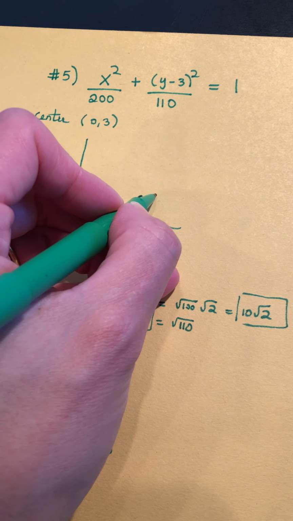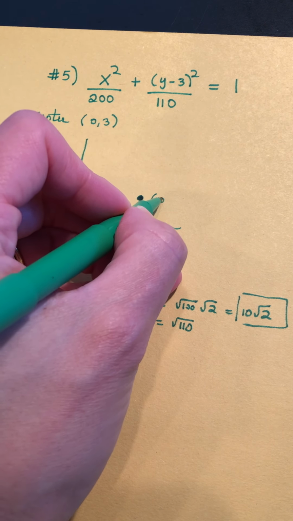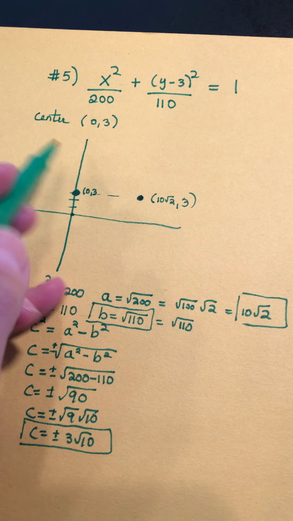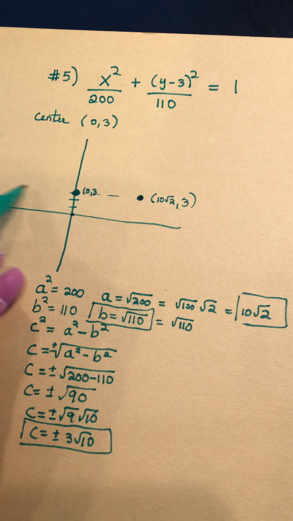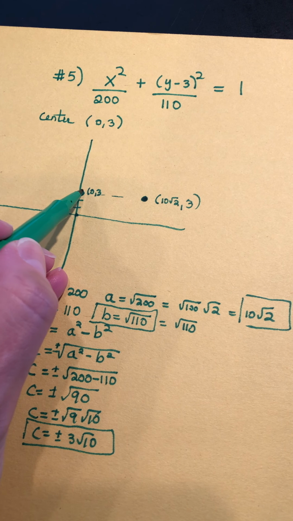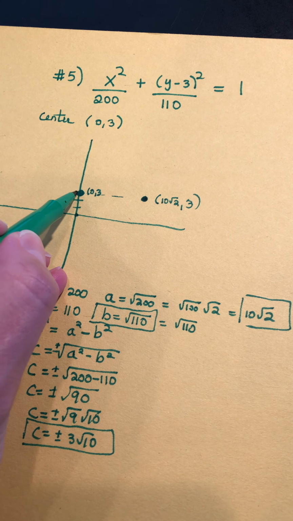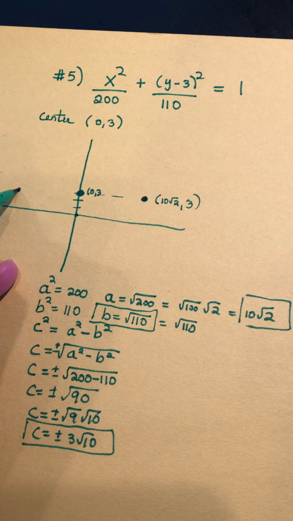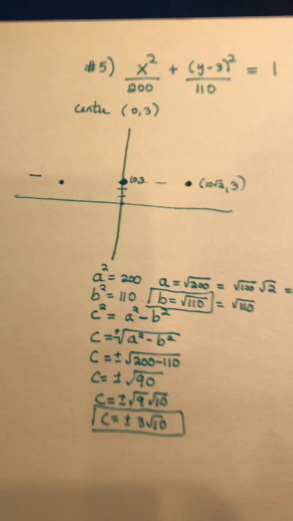This point then would be over 10 root 2, up positive 3. So one of my vertices is here, and then I have to go the other way to get the other vertex. Remember, the vertex or vertices lie on the major axis. So I have to go this way, 10 root 2, but that's going to be negative. Whoops, you can't see that. Let me move this over.